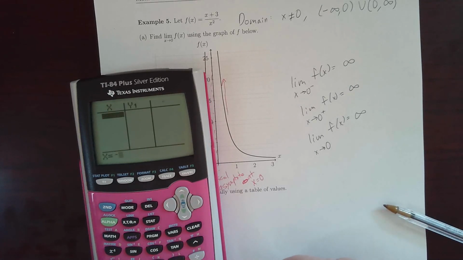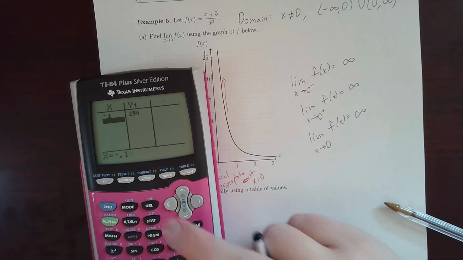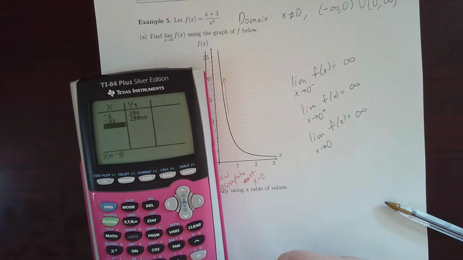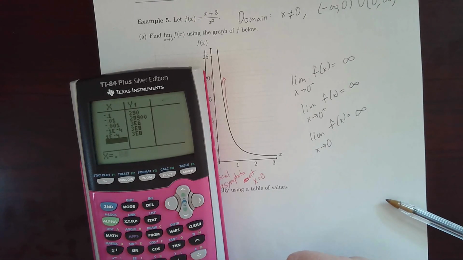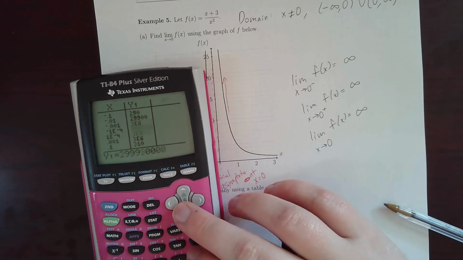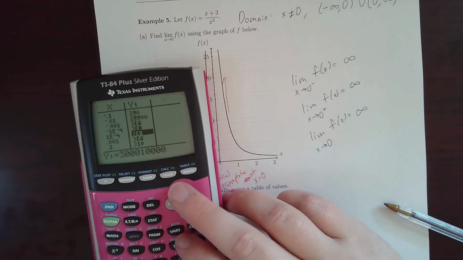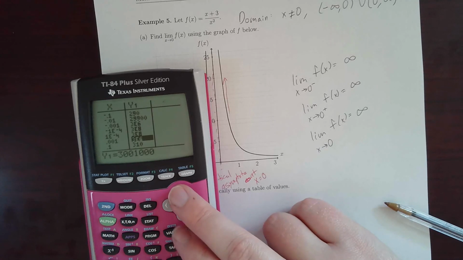So we want things that are negative, so negative 0.1, negative 0.01, negative 0.001, and then 0.001, 0.01, and 0.1. So as we can see here, looking at these y values, these E6s and E8s essentially denote that value and then how many zeros are behind it, or things that are roughly 0.